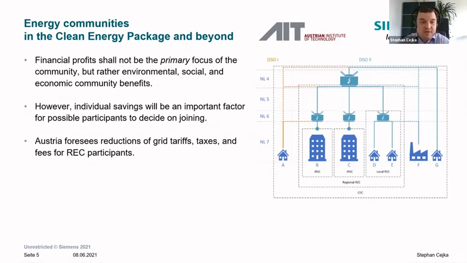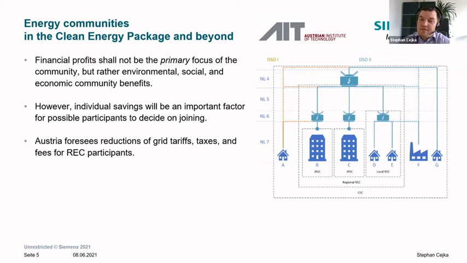For energy communities, financial profits of the energy community itself shall not be the primary focus based on the directives, but the communities should help with environmental, social, and economic benefits on the local level.